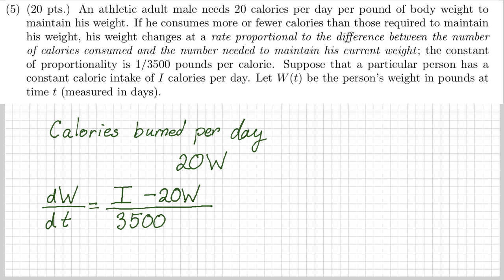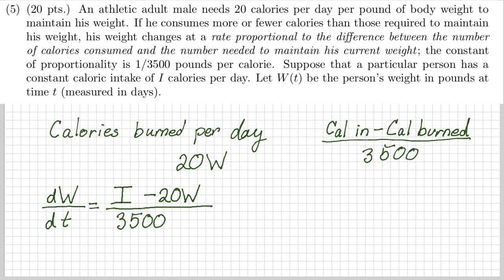So dW dt is equal to the calories in minus calories burned, and then over the number of calories in a pound. Okay.